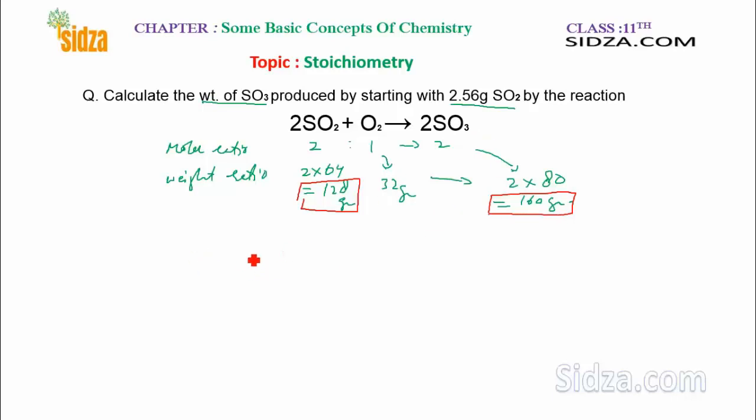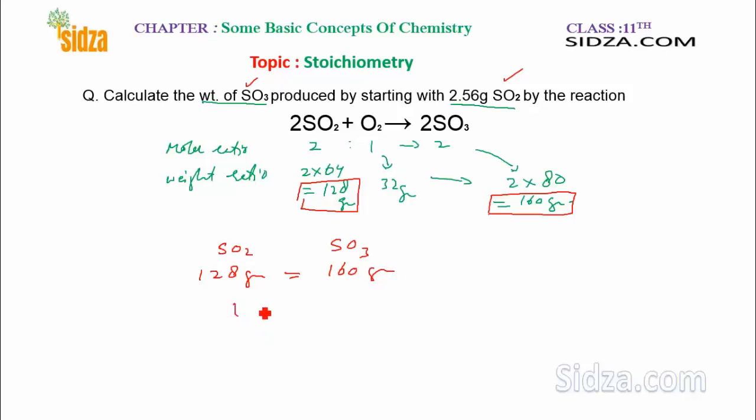So I'll relate the two, because we need to find the weight of sulfur trioxide from the 2.56 grams of sulfur dioxide. When I relate sulfur dioxide and sulfur trioxide in terms of weight, 128 grams of sulfur dioxide produces 160 grams of sulfur trioxide.